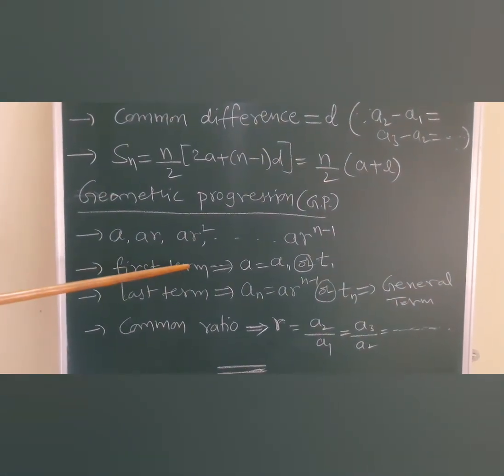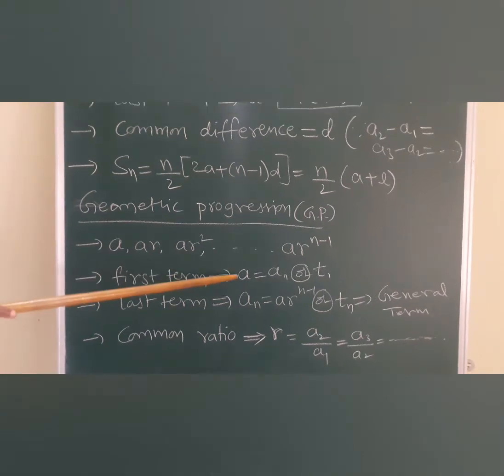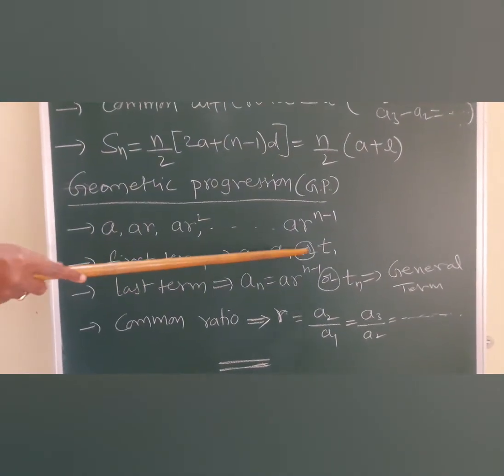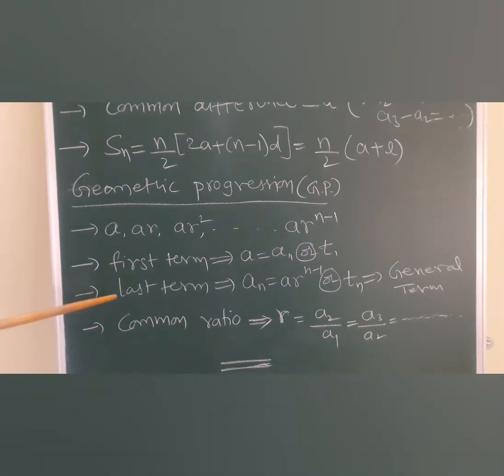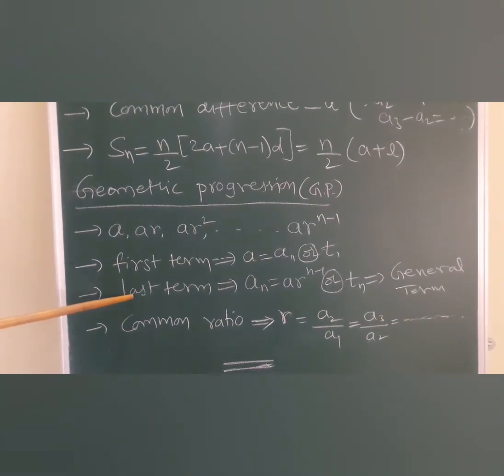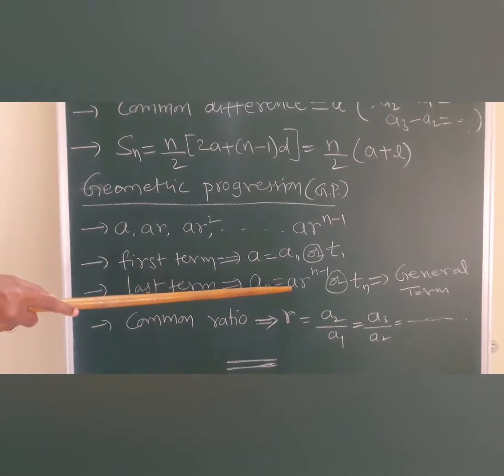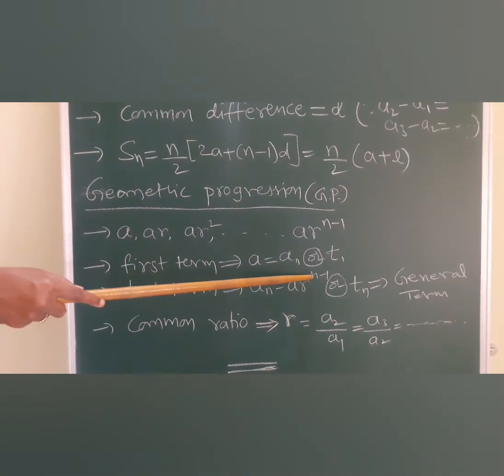Here the first term is a, which is denoted by a1 or t1. Last term an is equal to a into r to the power of n minus 1.